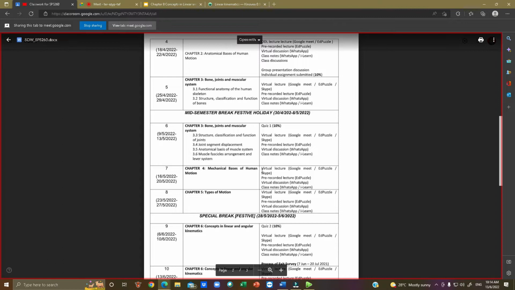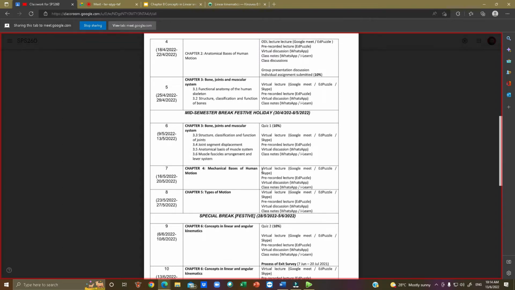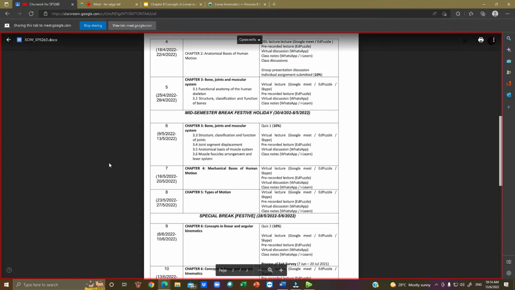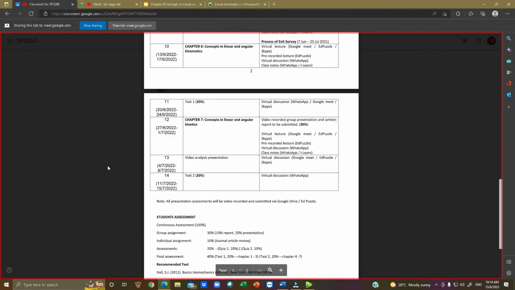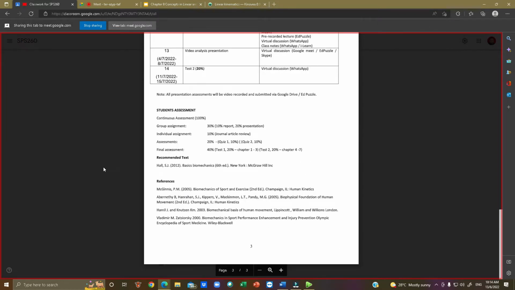Motion macam mana? Kalau kata bola sepak, what is type of motion? The movement itself is general motion, and the ball travelling is actually linear. Boleh cerita lah benda-benda tu. Okay. So that is regarding your final presentation and also report.